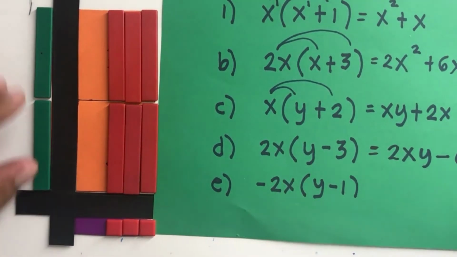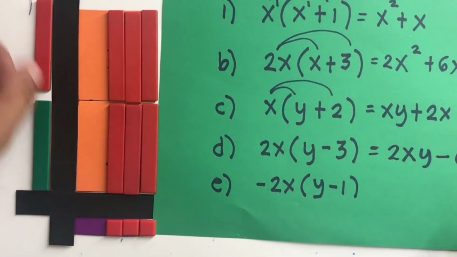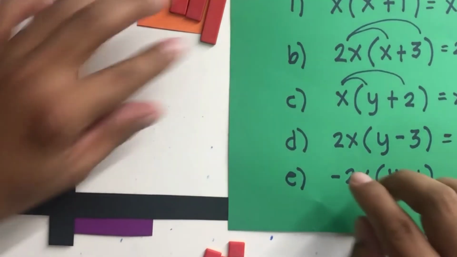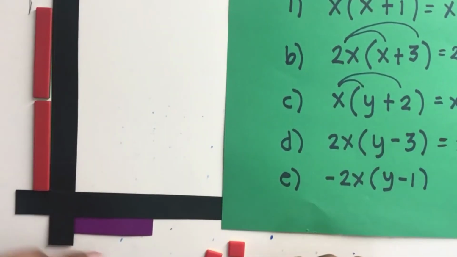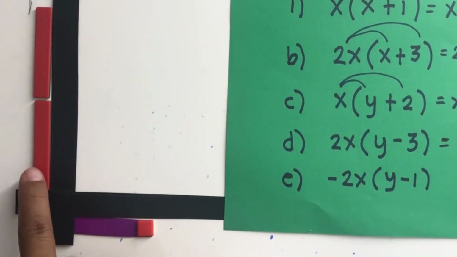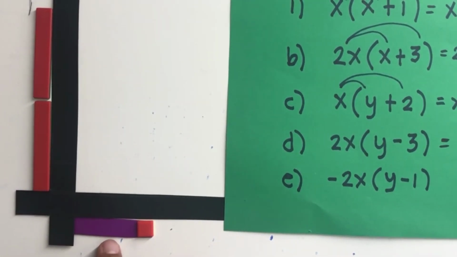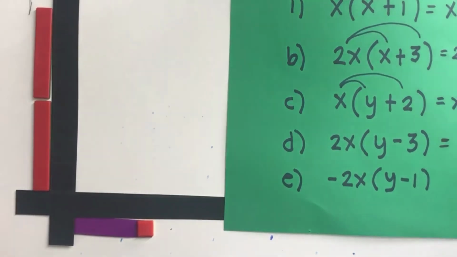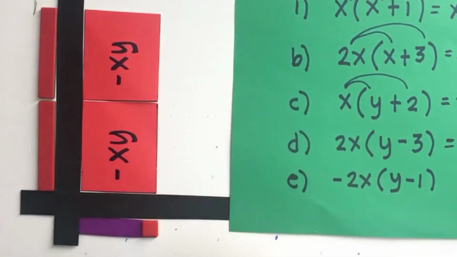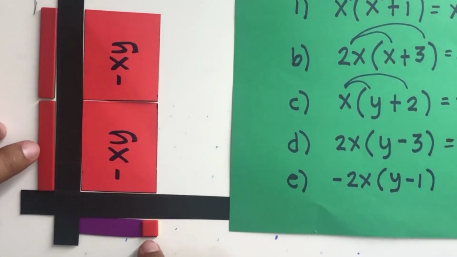Next, negative 2x. Negative 2x, we need to flip this over to make that red. Times y minus 1, so people put minus 1. Now, when you have one red and this visible non-red color, we have to use red for that. Now, you have red here and another red here.